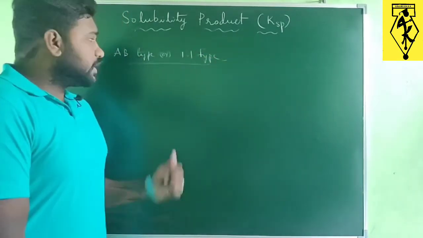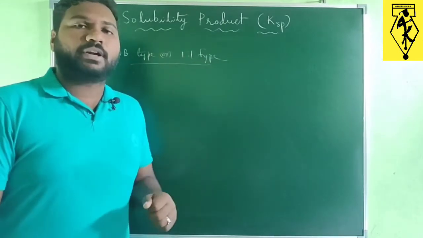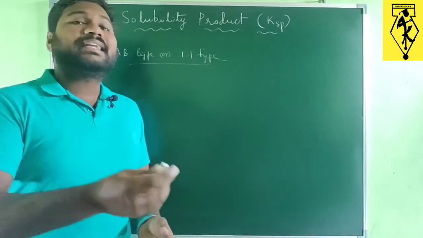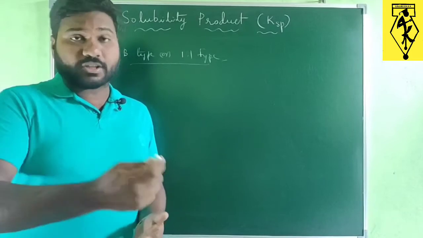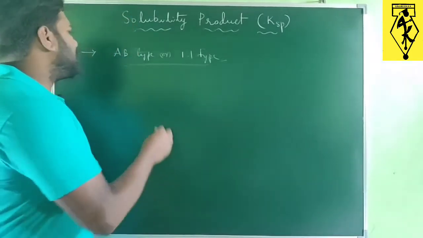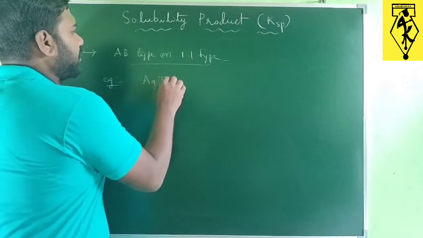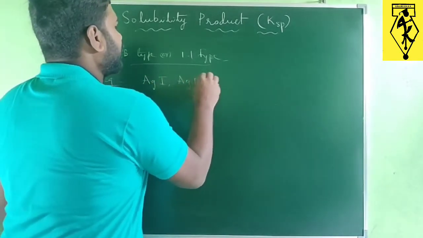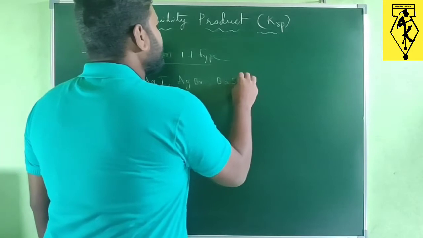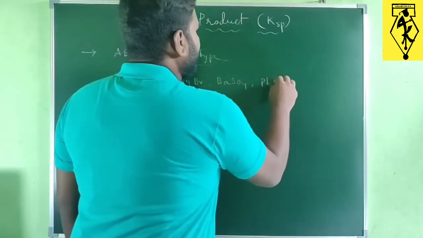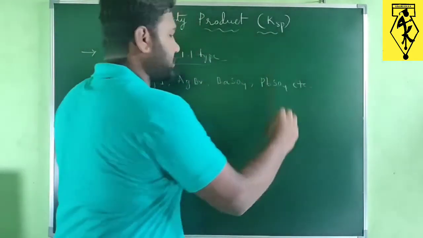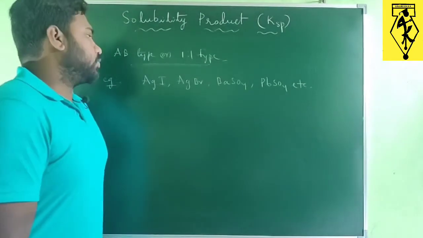When they have given 1:1 type or AB type electrolytes, how to calculate their solubility product or solubility, that we are going to discuss now. Examples for this type of electrolytes are silver iodide, silver bromide, barium sulfate, even lead sulfate. These are the best examples for this type.